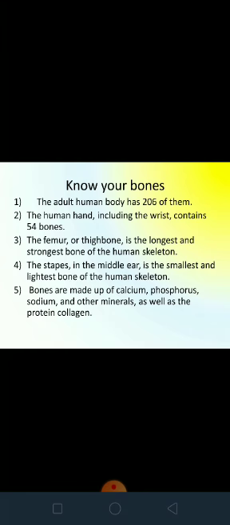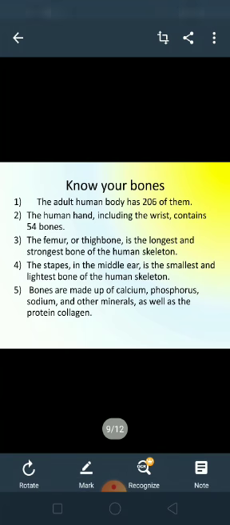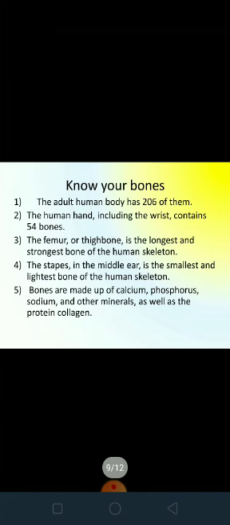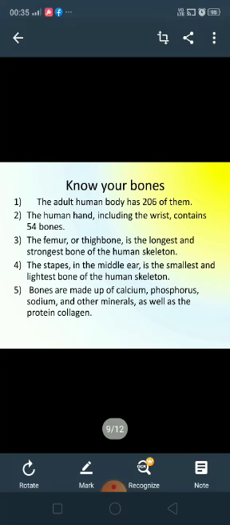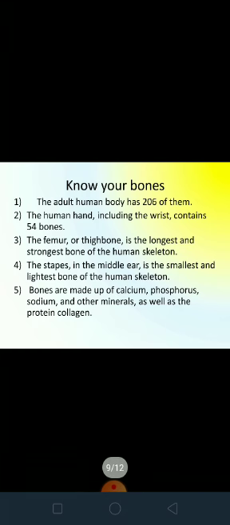The femur or the thigh bone is the strongest and the longest bone in the human skeleton, and the stapes in the middle ear is the smallest and the lightest. The ear we can see is the outer or external ear. Its inner part has bones, out of which the stapes is the smallest and the lightest bone of the human skeleton. Somewhere you will find the word stirrup also. It's used instead of stapes.